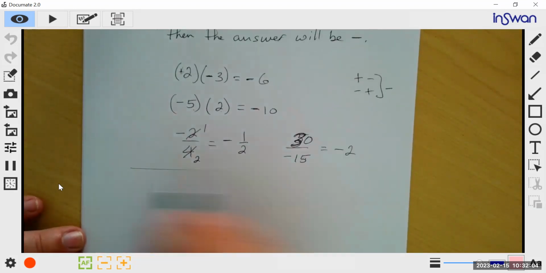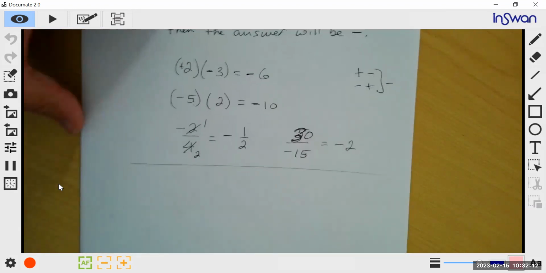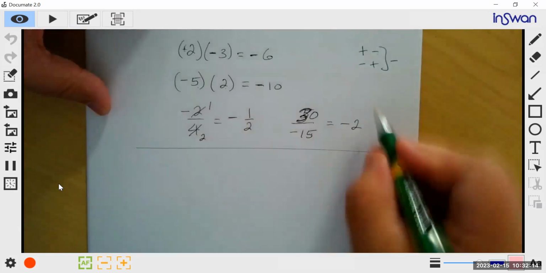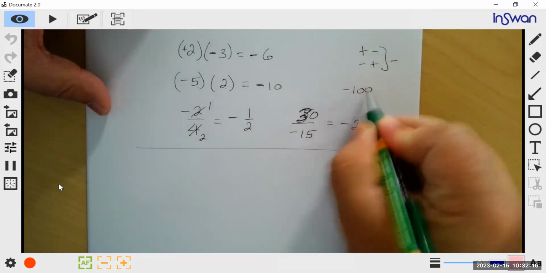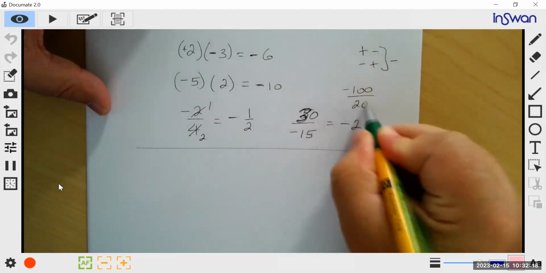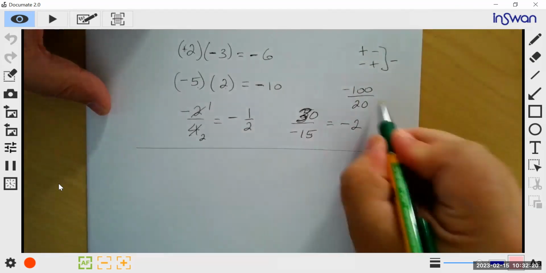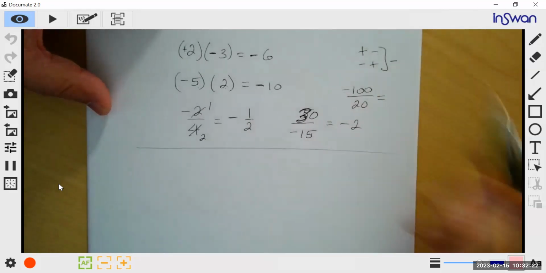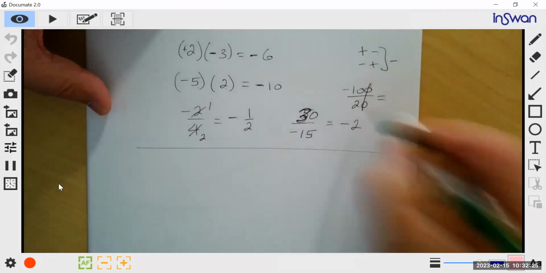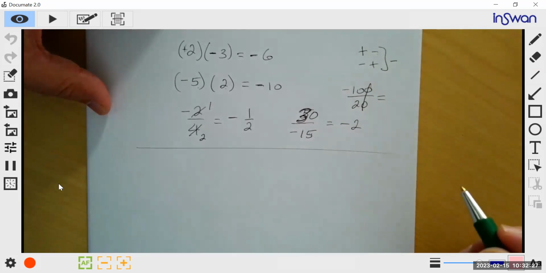What is the number like? On where? So like negative 100 over 20. Okay. Whenever you have something like this, if they both end in zeros, cross out the zeros first.